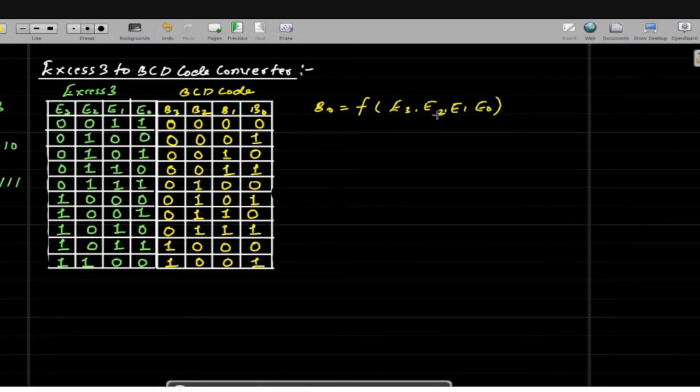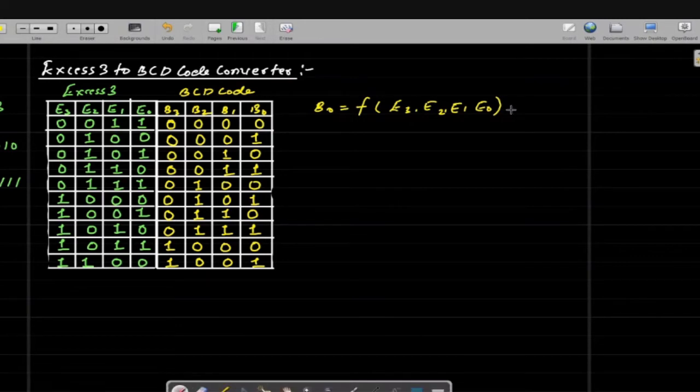Yes. So what you can write here is that B0 will be a function of E3, E2, E1, E0, and you will also consider the don't care conditions. Those will be 0, 2, 13, 14, and 15. All right.